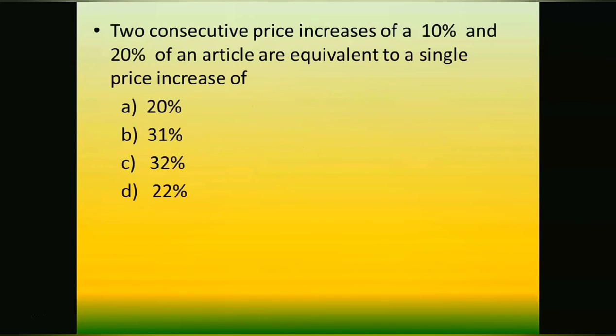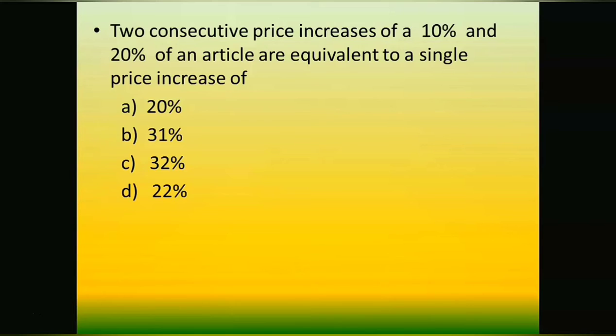There are two consecutive price changes on the price of the same commodity. Initially it is increased by 10% and then it is increased by 20%. So definitely the net change will be the increased one.